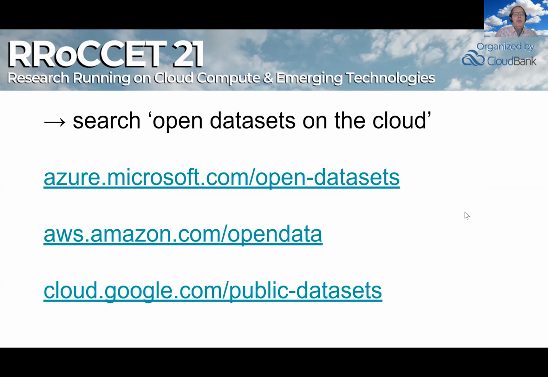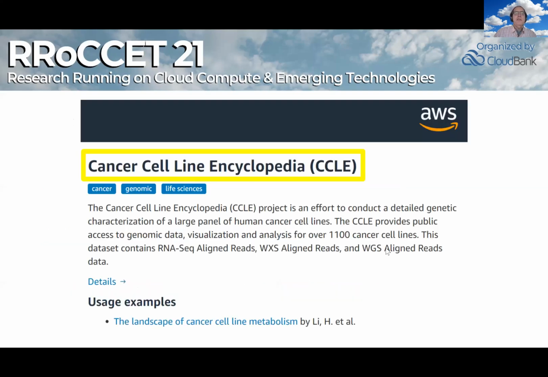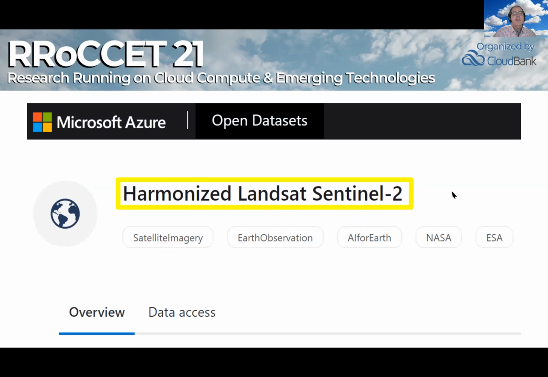So this is the last thing I'll mention, that the different cloud providers, the 3 main ones that I mentioned, have different ways of providing data sets that they host that are open data sets. For example, at AWS, there's a Cancer Cell Line Encyclopedia. At Microsoft Azure, you can find a Landsat land surface imaging and remote sensing Sentinel-2 data set.